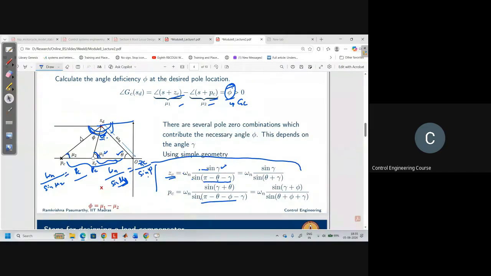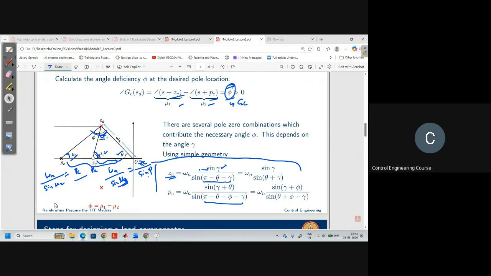This part is theta, and we wanted mu2 here.